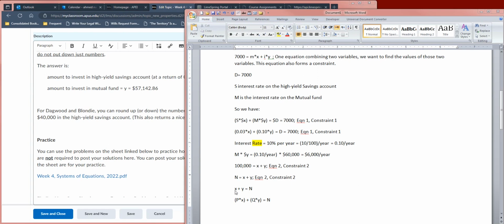This is way, way easier to see in this equation where it's the amount invested in dollars. If you look at this equation and do this analysis, if the units are not consistent on both sides of the equation, there is a mistake in the equation, right? So it's really important for you to make sure that the units on both sides of the equation are the same, whatever you're using.